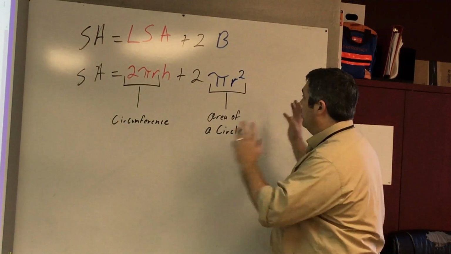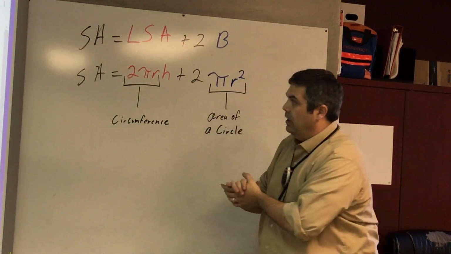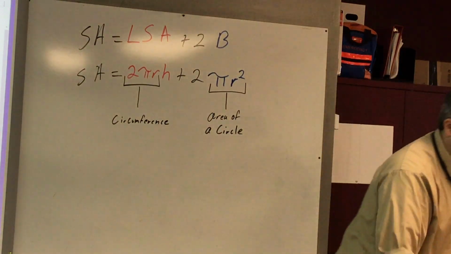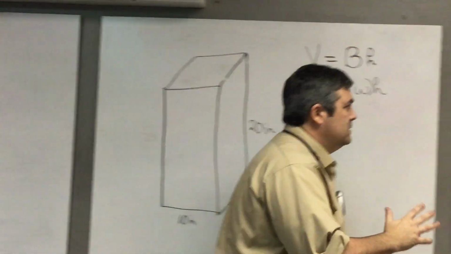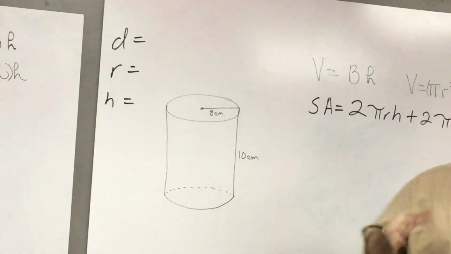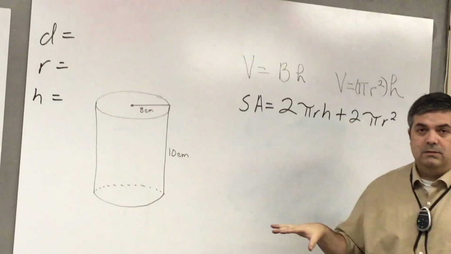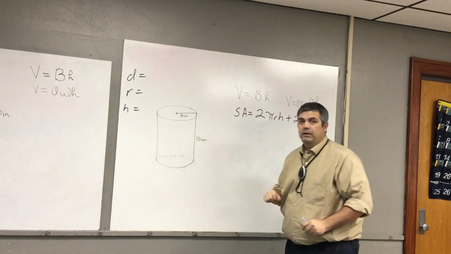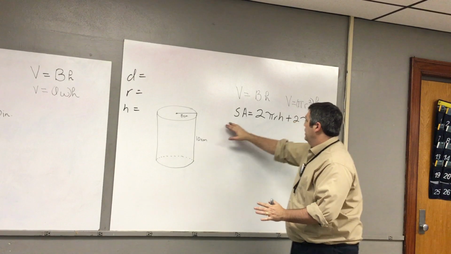All right, so we're going to take these formulas and we're going to start using them, and we're going to apply it to some cylinders. Okay, so over here, what I've done is I've already set up some of these. Now, we have a cylinder right here, okay? And right here I have the formula.